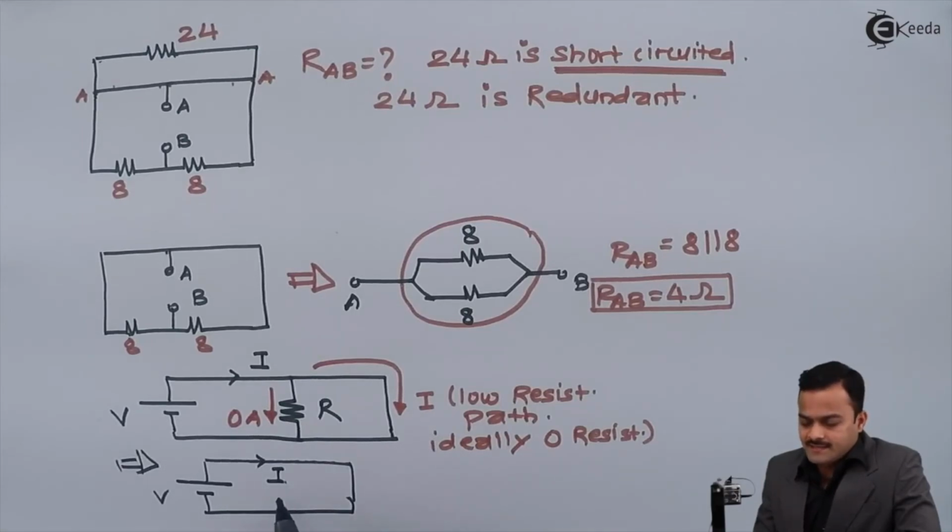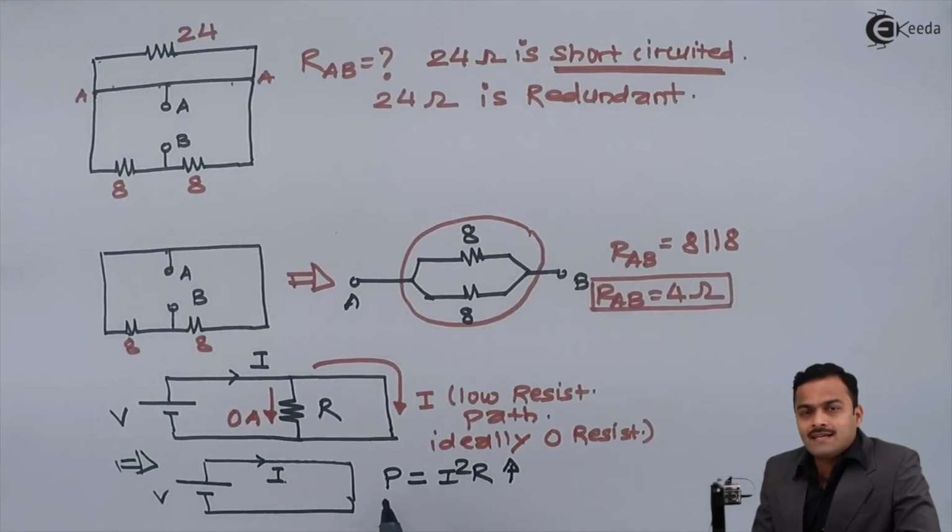What happened in this case is the battery V is connected across a zero resistance path ideally, or practically a very small resistance, hence the current I is very large, and because of this you will get power I square R very large, and it may cause a hazardous situation. Hence, sometimes we say a short circuit is very dangerous, because of which you may get a fire.